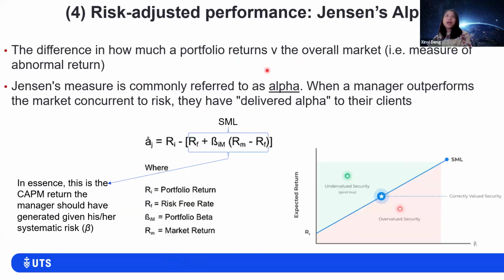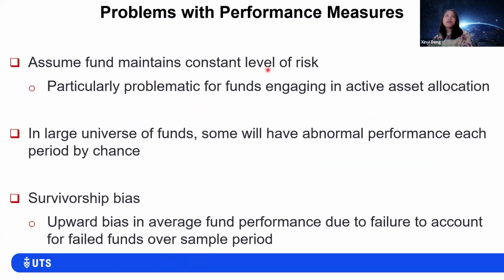We have already discussed Jensen's alpha. Now let's move on to the problems of those performance measures. There are several problems. The first problem is that those performance measures assume that the fund maintains a constant level of risk.